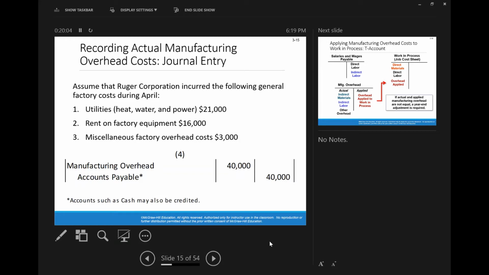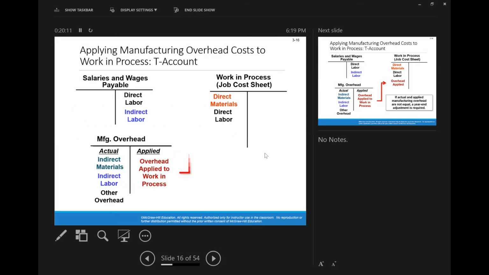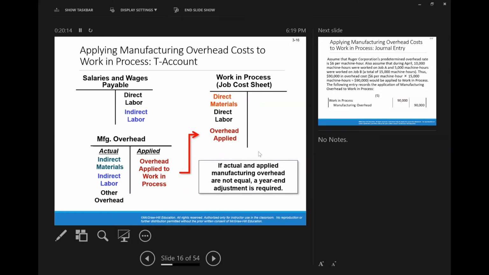Okay. So now we brought everything in. We have our direct materials, direct labor, and we have our manufacturing overhead. Now, this applied that we're looking at here on the screen, the applied overhead, that is our predetermined rate that we had. So we're going to do an entry to put work in process.